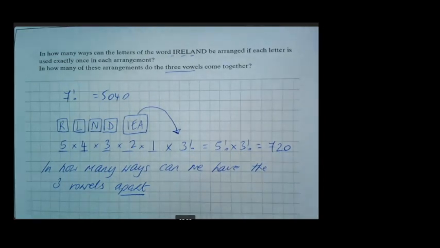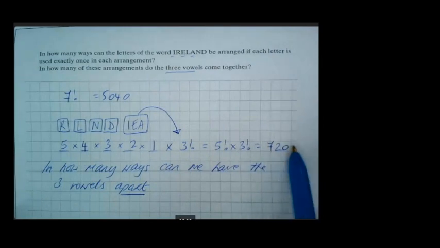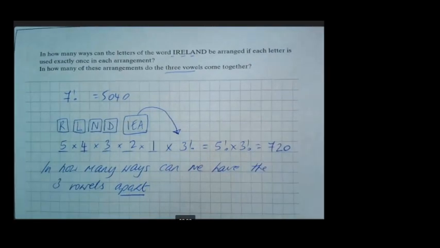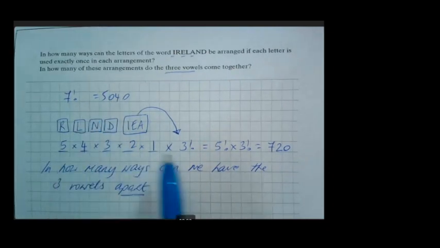So a much easier way to work this one out would be to consider how many ways there are of those 3 vowels being together, and take that away from the number of ways of arranging the letters with no restrictions. What we have left are all the ways of the vowels being apart.